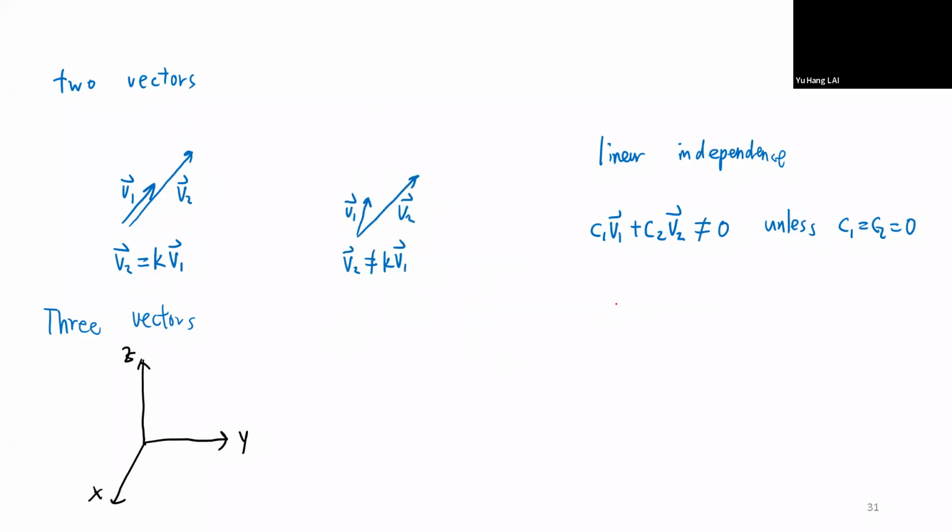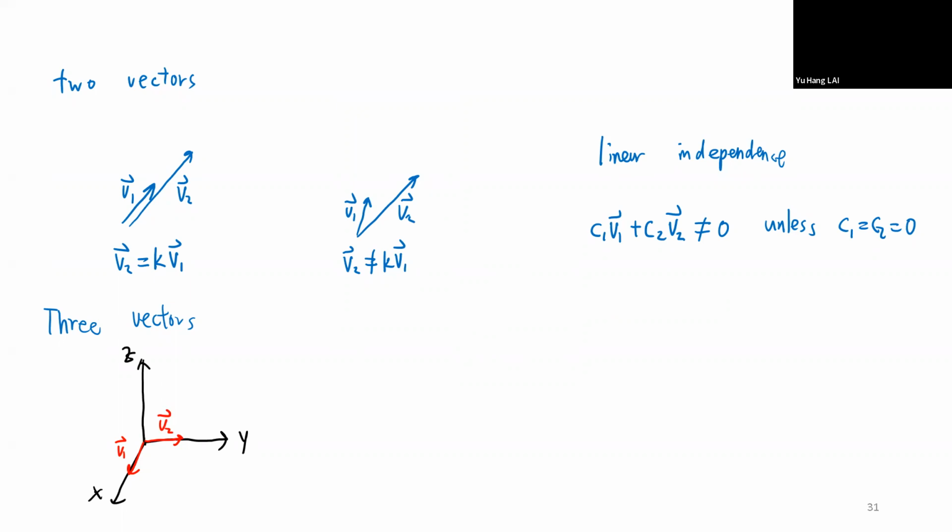Suppose in this example, v1 is just a vector that goes along the x-axis, and v2 is another vector that goes along the y-axis.